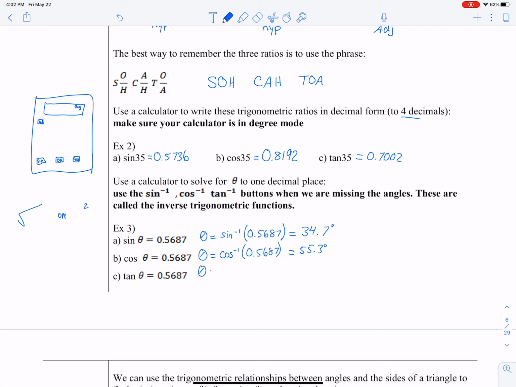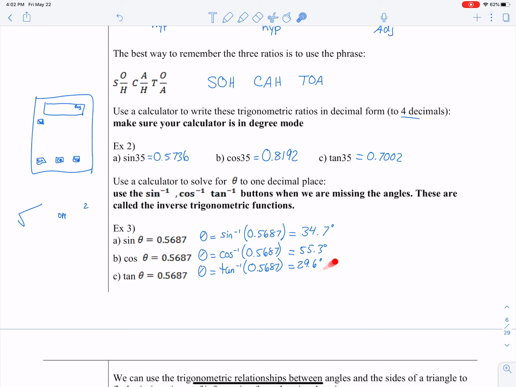And the last one, we're going to have tan to the -1 of 0.5687. We're going to press second tan, put this number in, and we should get 29.6 degrees. So these should be your answers for each of these.